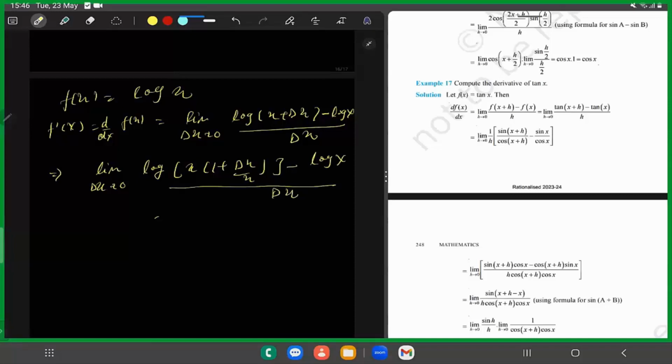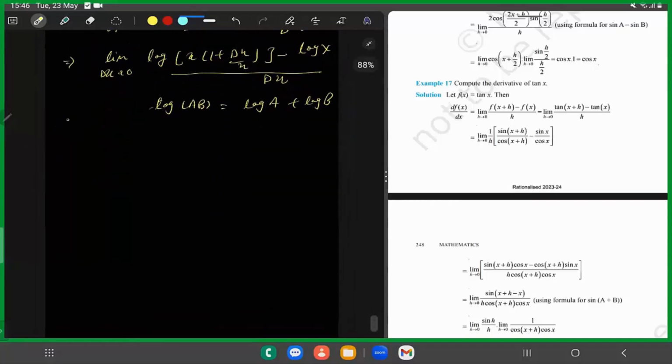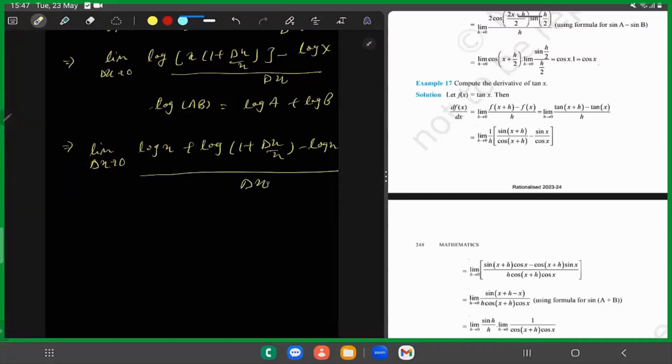Okay, so if we apply the formula of log property, that is log of AB is equal to log of A plus log of B. Then if we apply this formula in the above expression, this becomes equal to limit delta x tending to 0 of log of x plus log of 1 plus delta x by x minus log x, and in the numerator we get delta x.